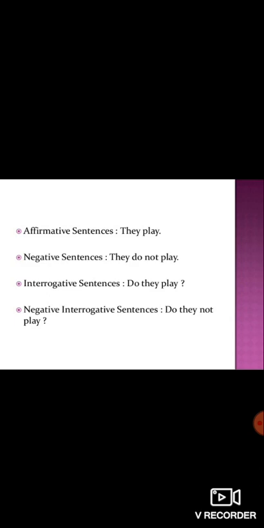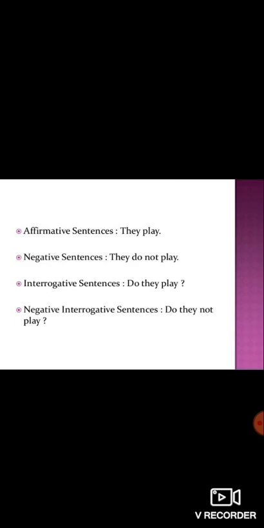In the negative of the present tense, we use do and does. So where do we use do and does? Does is used with the singular ones like he, she, it, and do is used with I, we, you, they. So here they is there, so we use do: they do not play. Then if we have to change it into the interrogative, that means the question, then the helping verb will come first, then the subject, and then the verb, like do they play.